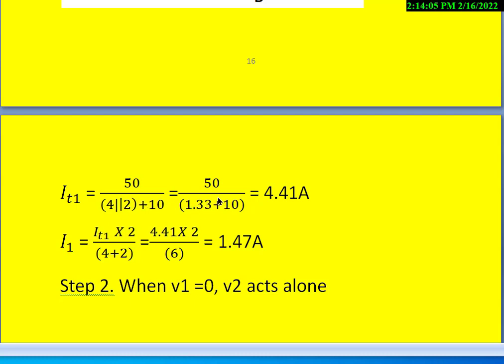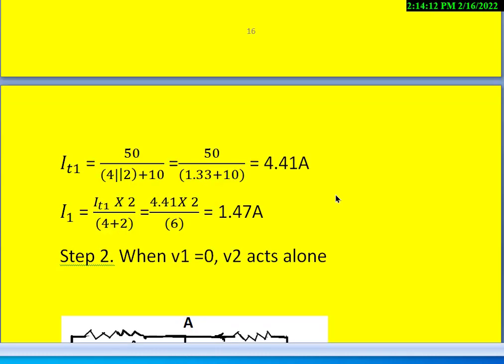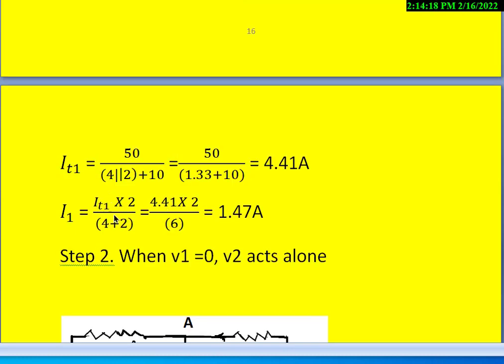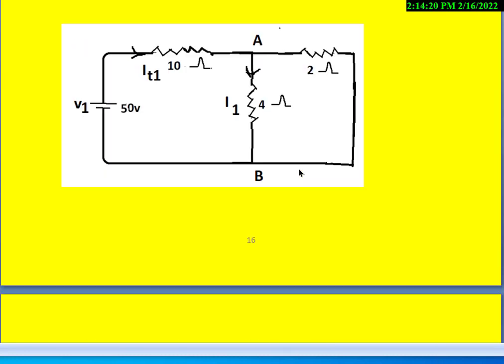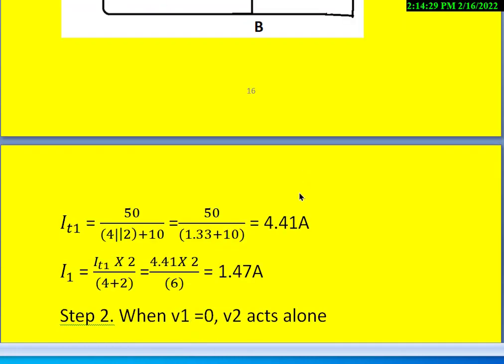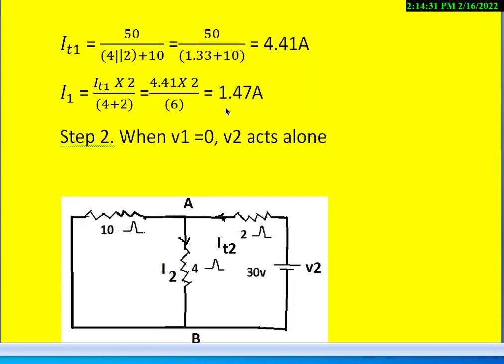Once we simplify this, we get 50 divided by 1.33 plus 10, which is equal to 4.41 amperes. Then find I1. I1 is nothing but IT1, applying the current divider rule here: IT1 into the opposite arm, that is 2 ohms, divided by 4 plus 2.